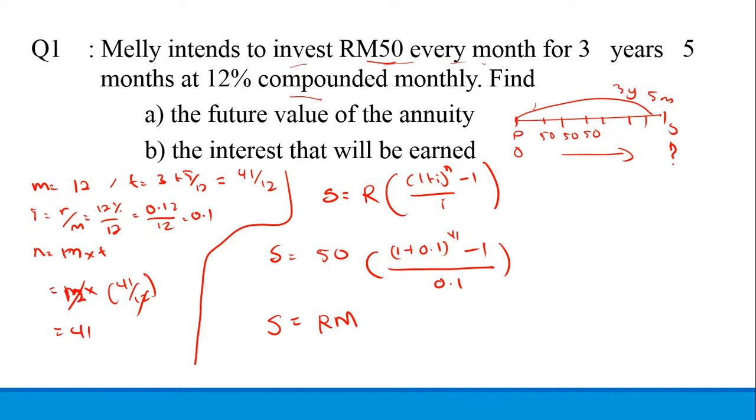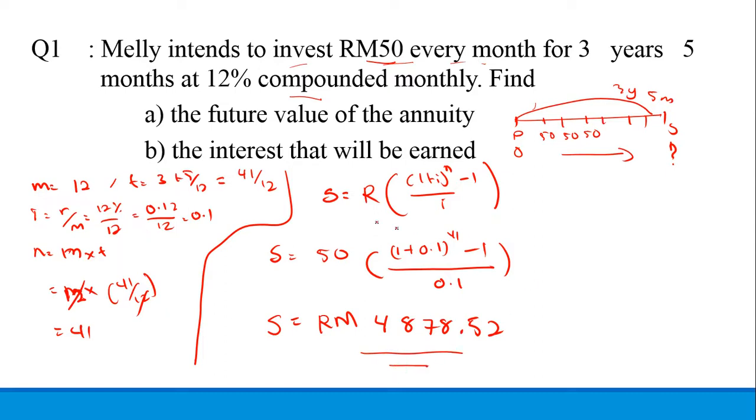Okay, again, 1 plus 0.1 to the power of 41, minus 1, divided by 0.1, multiplied by 10, you will get 4878.52. I calculate again, and yeah, exactly, you get this one.